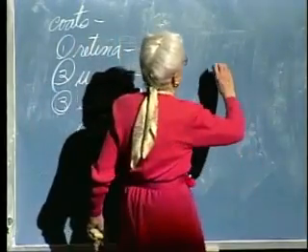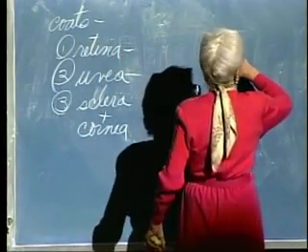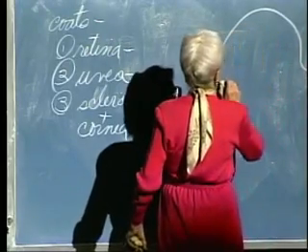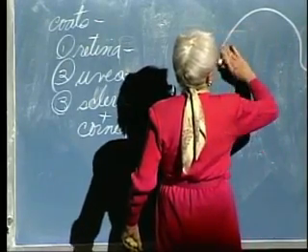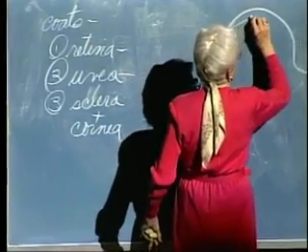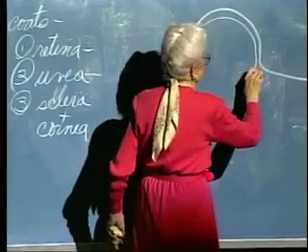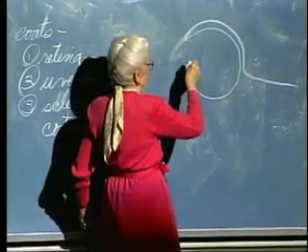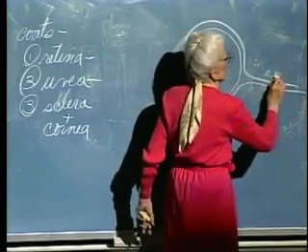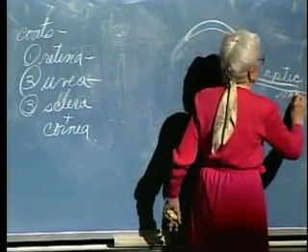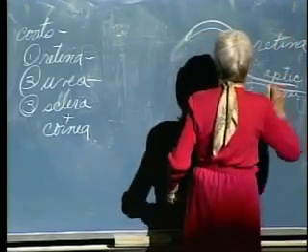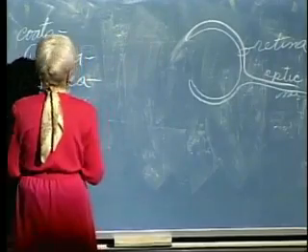Let's get our eyeball. We need a big area to work. So this is our optic nerve. This is our retina. And so we can start putting on our coats. Let's put on the uvea.